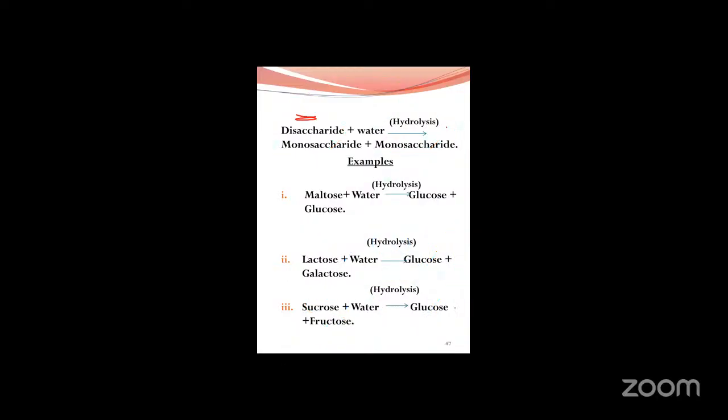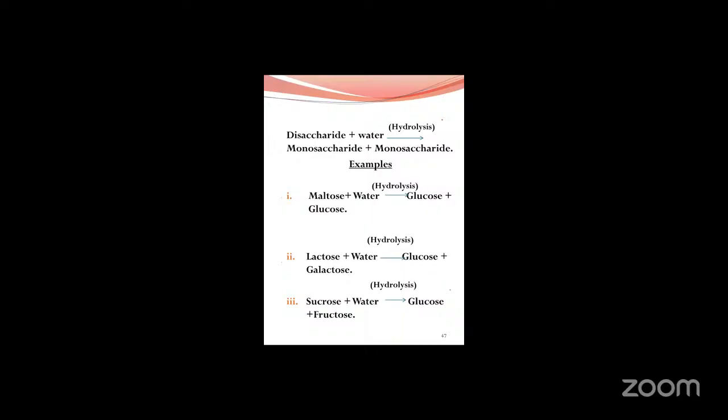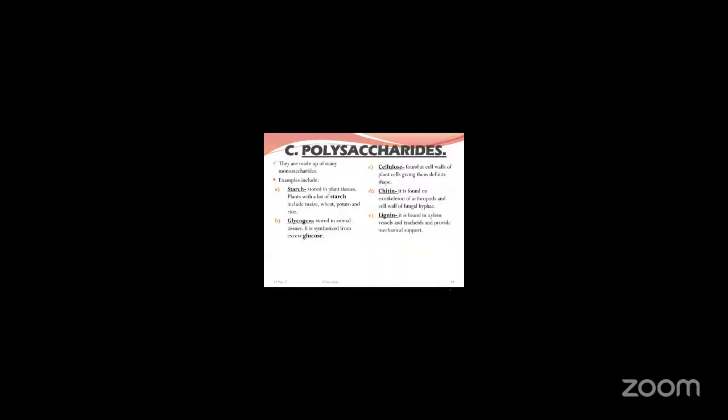So therefore, now that we've talked about monosaccharides and disaccharides, let us talk about polysaccharides. Polysaccharides are complex forms of carbohydrates, and they are formed when more than two molecules of monosaccharides combine.